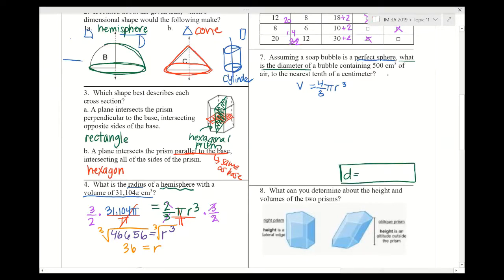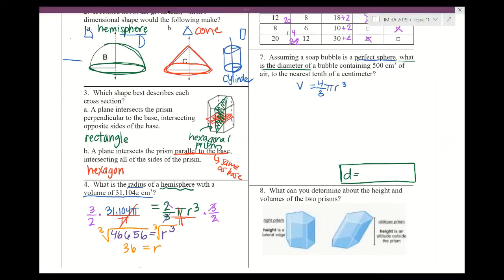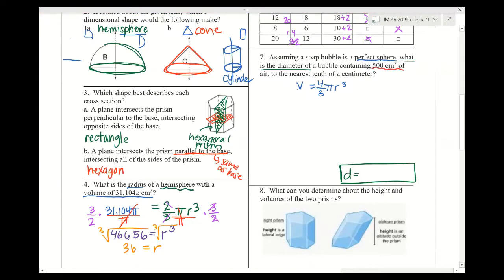They give us a volume again. So this bubble contains 500 cubic centimeters of air. And so that means that that's our volume. So the volume is 500. Since it's cubic centimeters and I'm looking for a diameter, that means that the diameter is just going to be centimeters. So length is a one-dimensional unit.